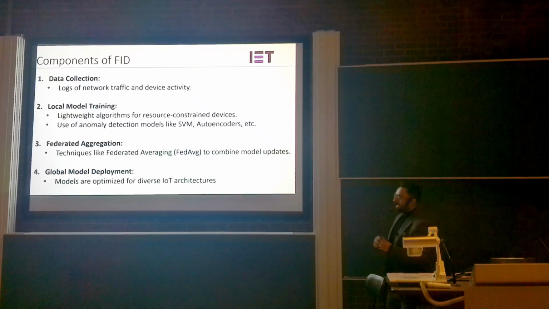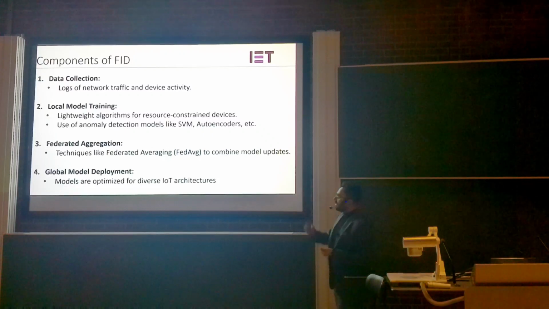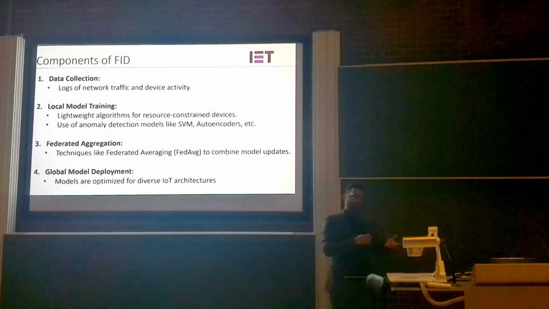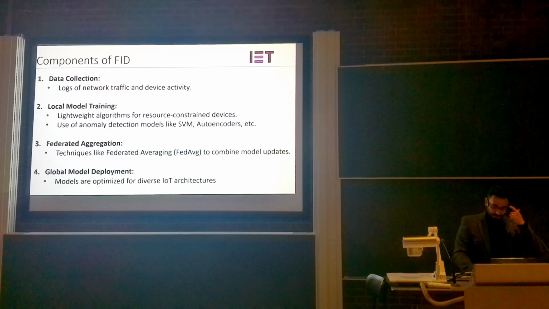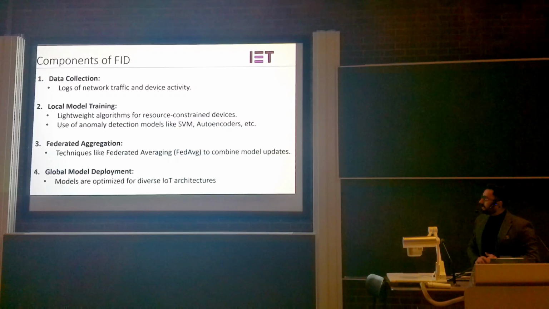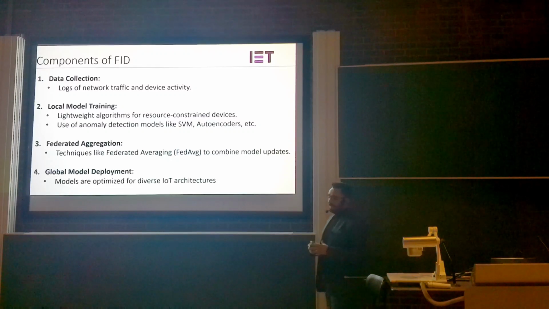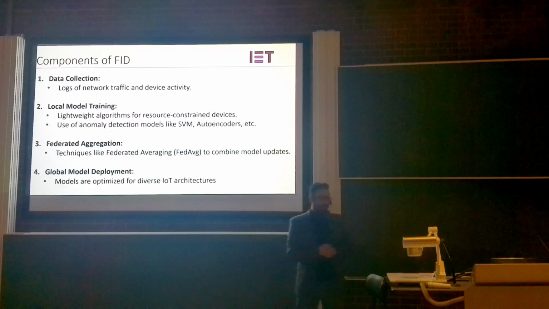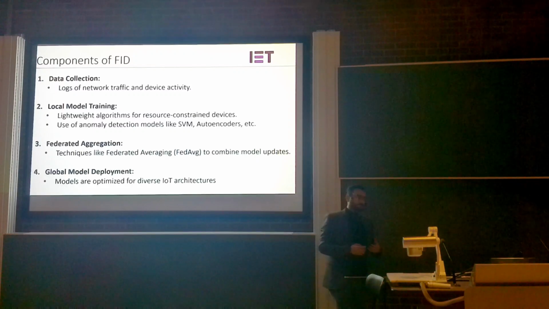So again, it depends on the capacity of the edge devices that you have. Then the lightweight algorithm here could be SVM or could be an autoencoder, which is a deep learning algorithm.